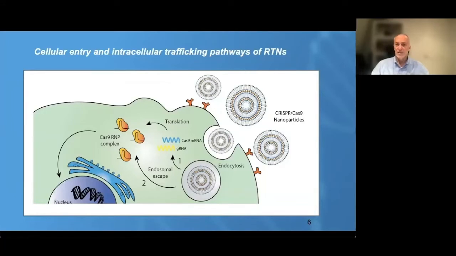So how this will work is the nanoparticle will bind to receptors on the cell surface, be internalized by the endocytic pathway, where the lipid components then come into play and mediate escape from the endosome, releasing the RNP into the cytoplasm, which can be guided into the nucleus by the engineered nuclear localization signal sequence within the Cas9.